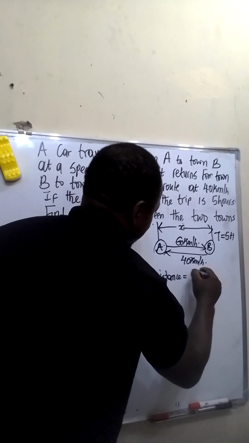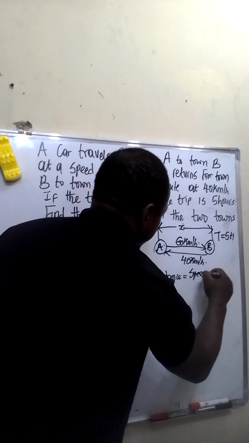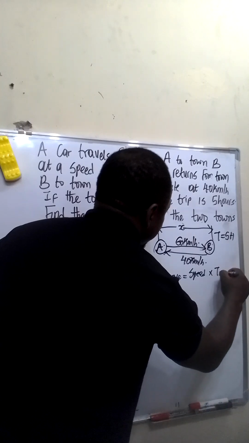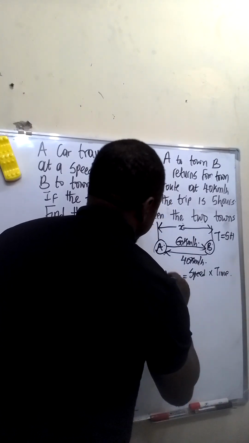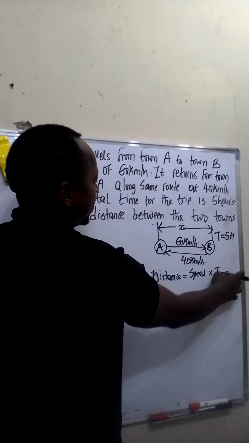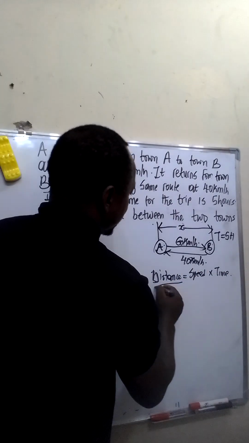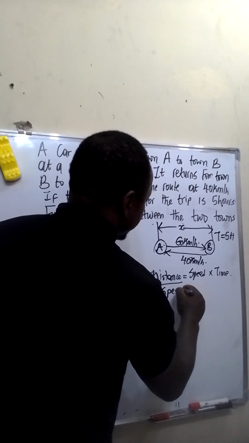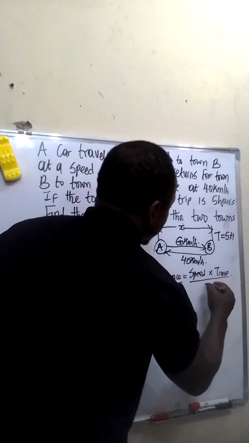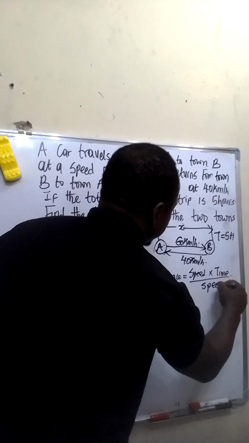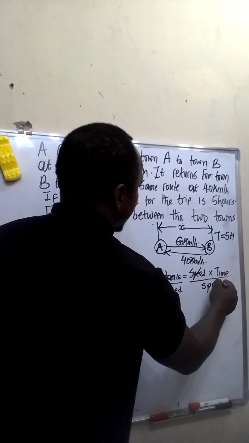Now, from our formula, distance is given as speed times time. We can calculate time by dividing both sides by speed. If we divide both sides by speed, we cancel speed.